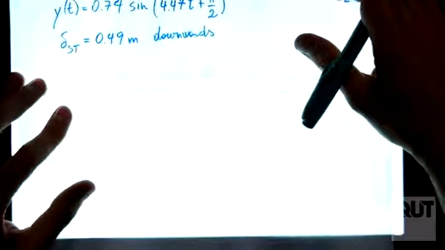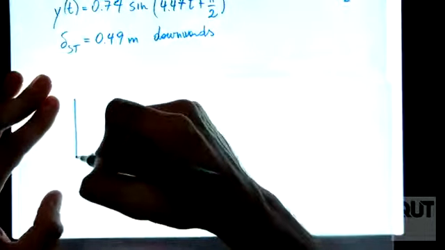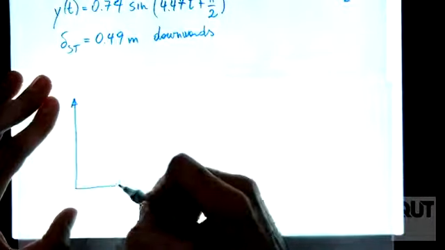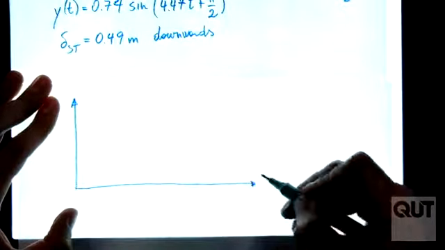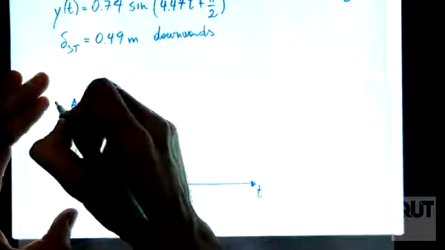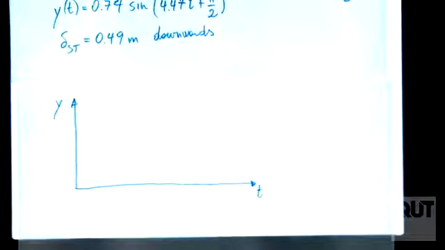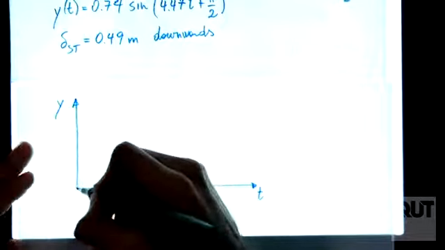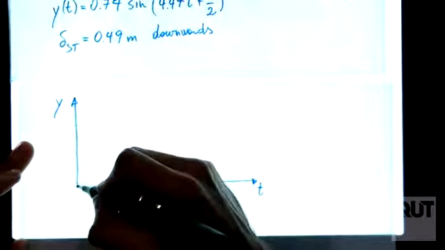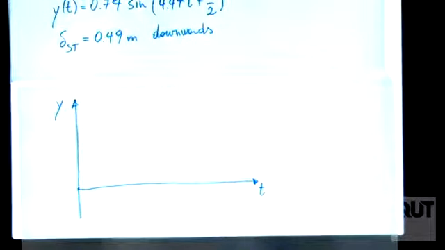So I can draw it in time. This is t, and this is y. Okay? So y is equal to 0 where? What is y equal to 0? The equilibrium position, okay?